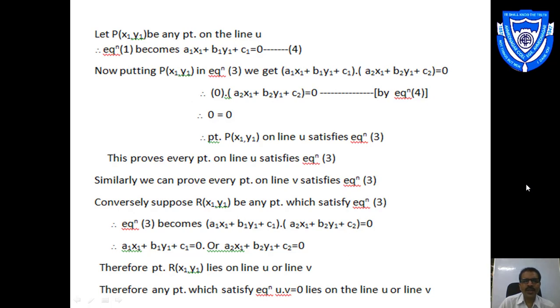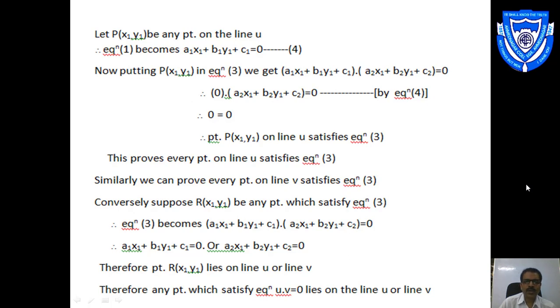Now according to equation 4, the expression a1 x1 plus b1 y1 plus c1 can be replaced by 0. So replacing the expression in the first bracket by 0, the equation looks like this: 0 into (a2 x1 plus b2 y1 plus c2) is equal to 0.